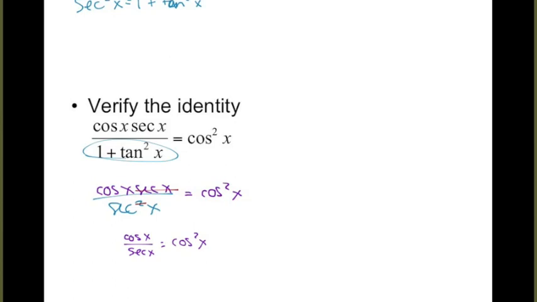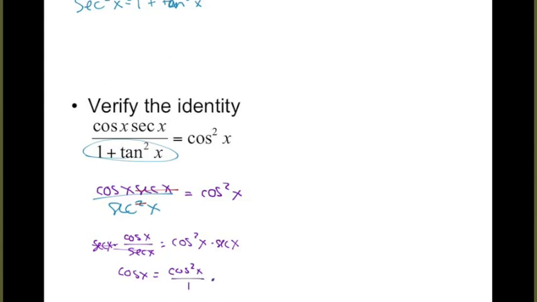The two sides of this don't exactly match yet, so we're not done yet. I'm going to multiply both sides by secant. So on the left side, it cancels that denominator, and I just get cosine. On the right-hand side, nothing cancels. So I'm going to use our strategy of change it into sines and cosines. So cosine will just be cosine, but it's squared.